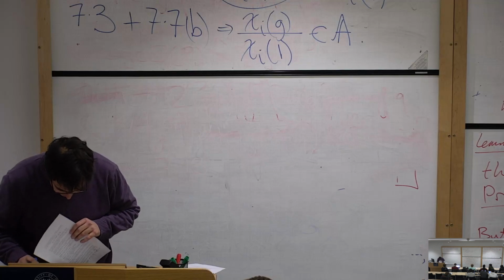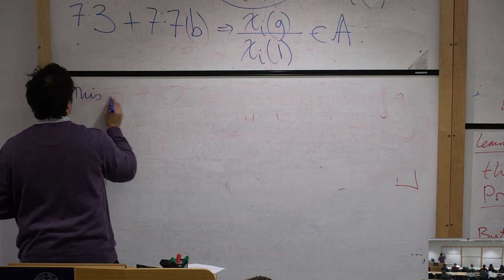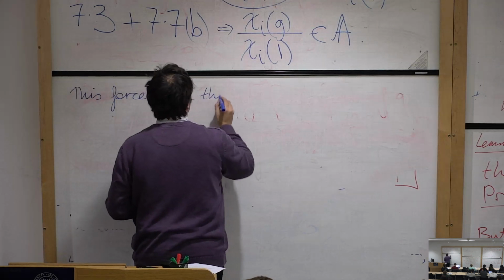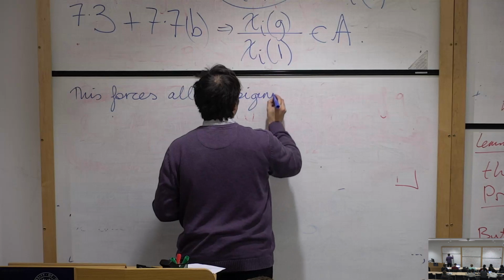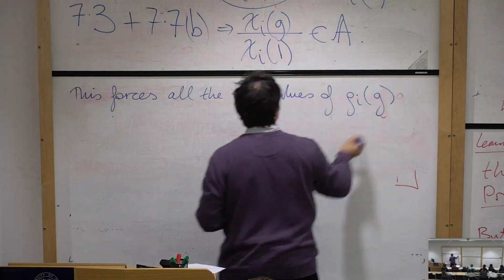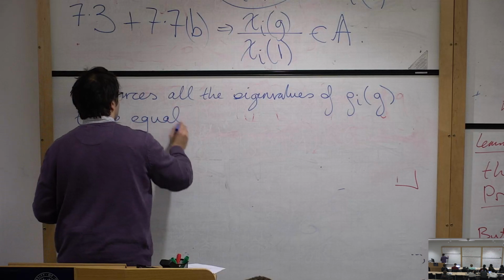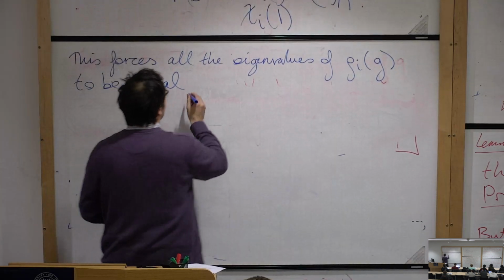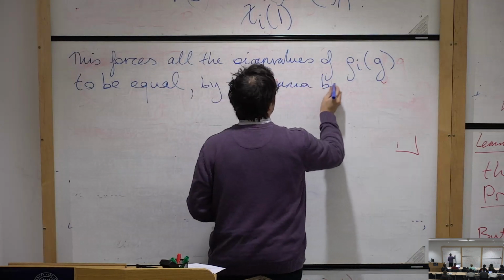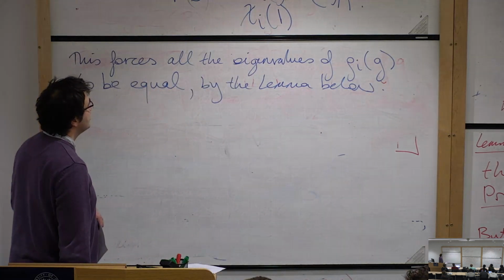And the contradiction is that this forces all the eigenvalues of rho I of G to be equal by the lemma below. So if you just assume this for a second, and that's it, right?